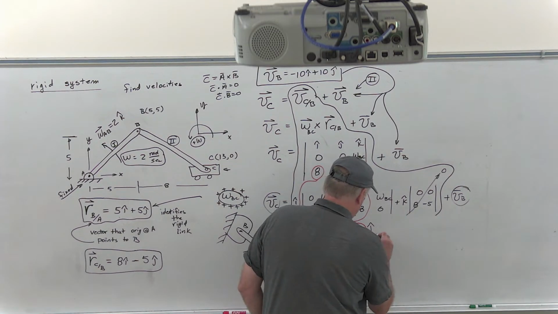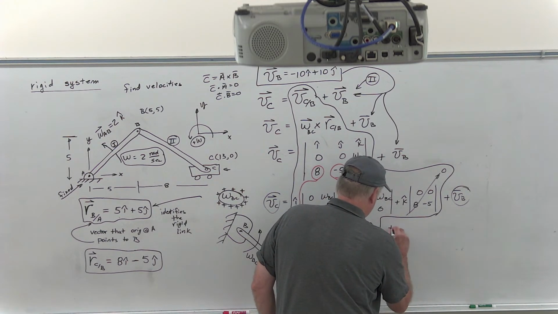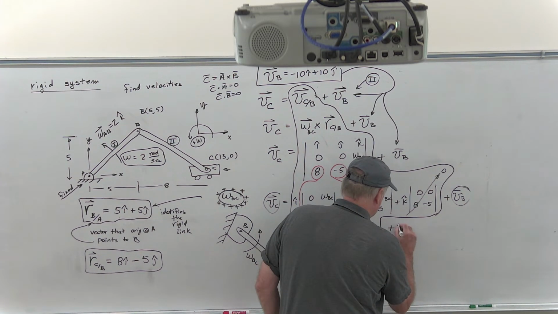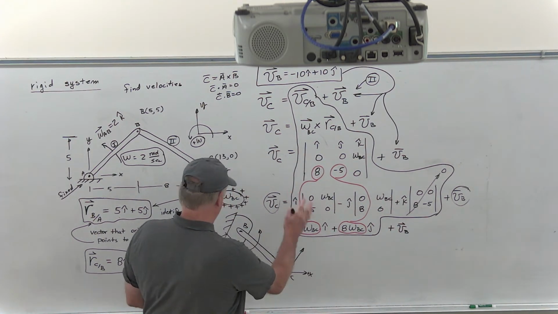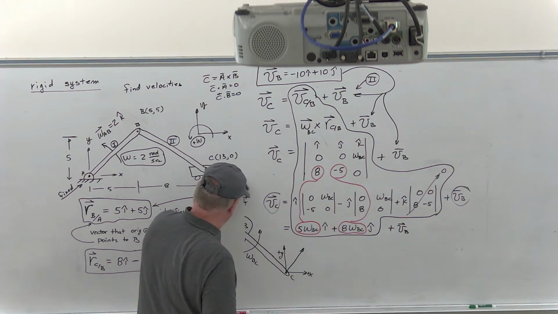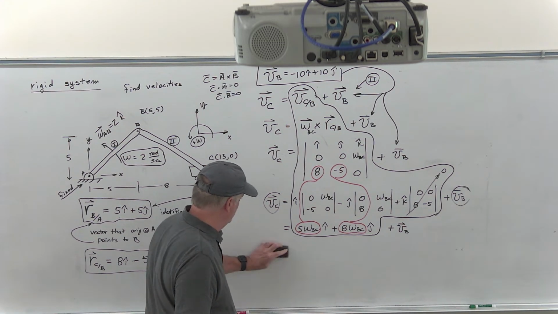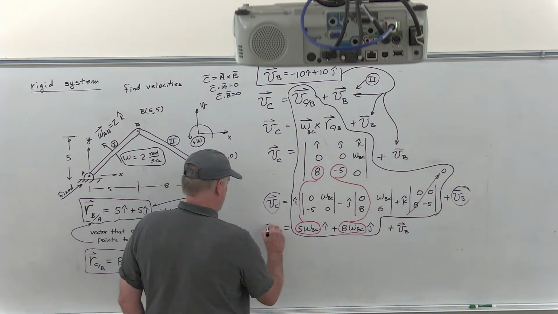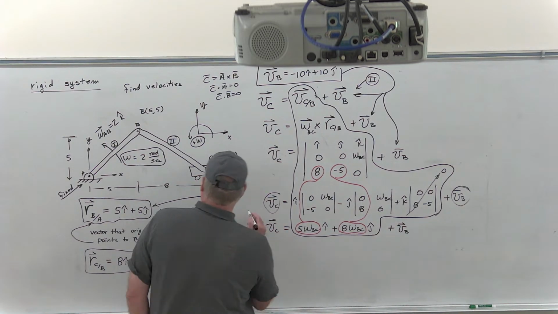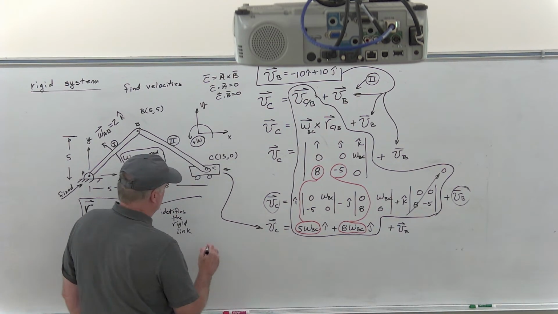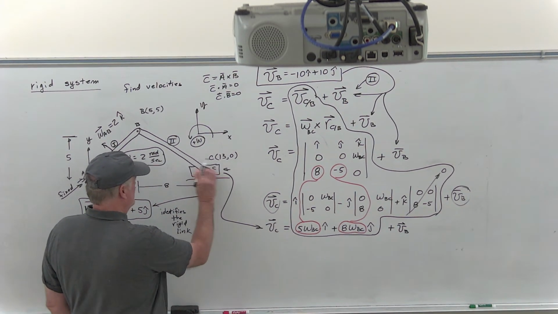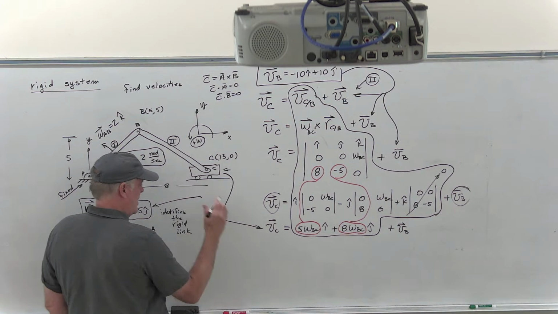And now I've got to put V here. So now let me address that. Now that I've addressed the relative motion, let me address the entire equation. First, I know C only moves to the left or right. Because it's a piston, it basically only moves to the left or right.